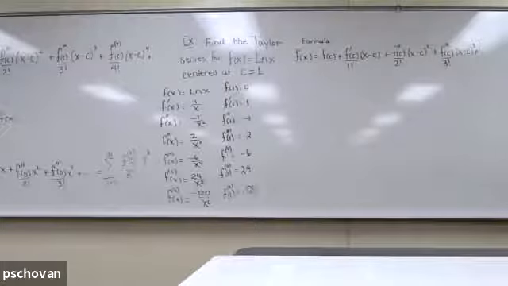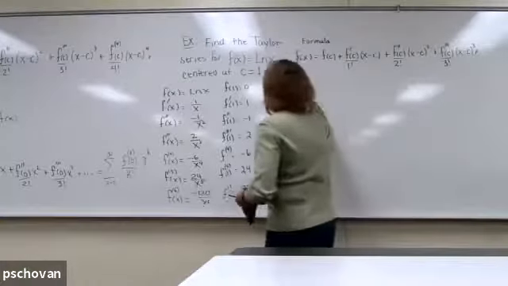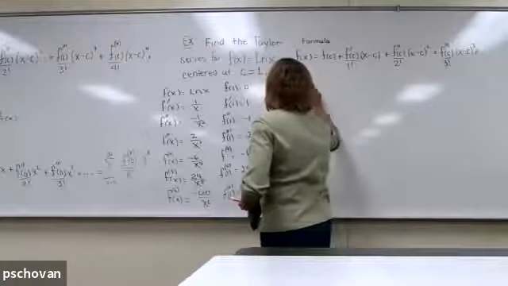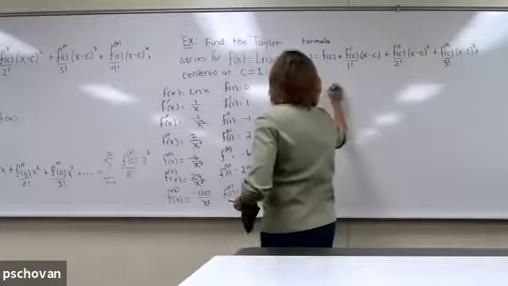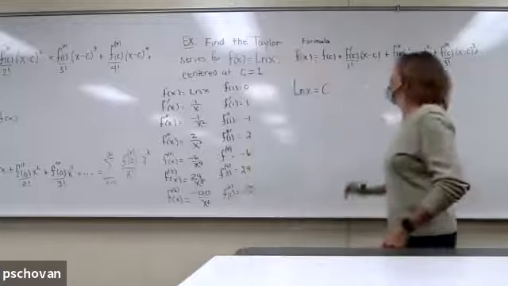So I'm just recopying that formula from over there. And I'm going to use my numbers. My function is the natural log of x. F of c was 0.